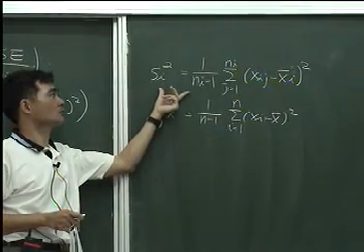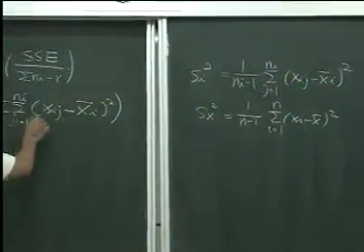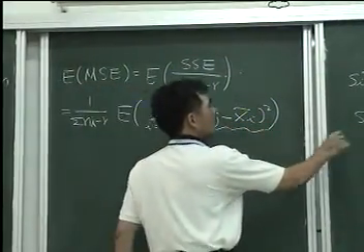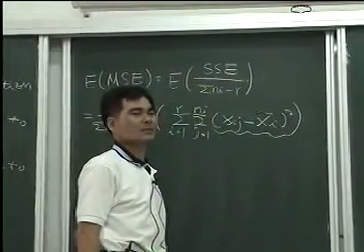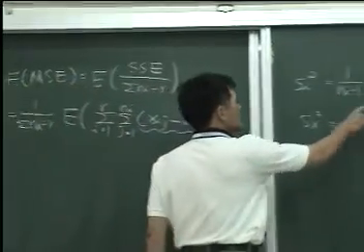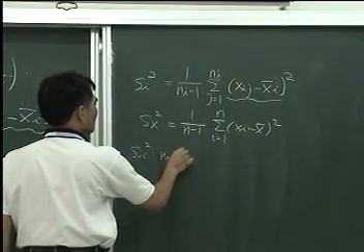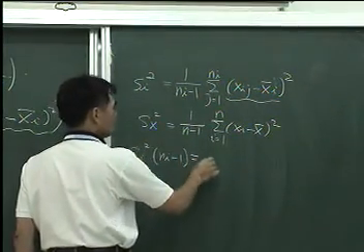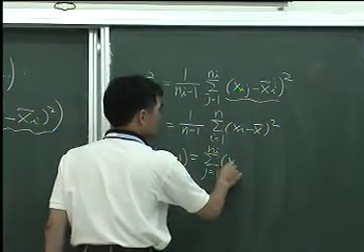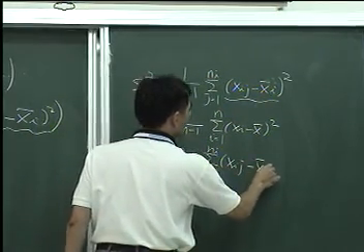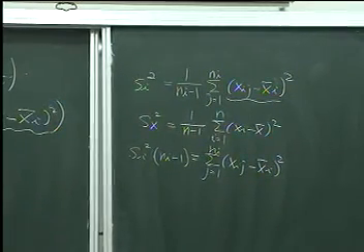So if you look at this part and this part, there is something familiar, right? So actually Si squared times Ni minus 1 is equal to summation J from 1 to Ni of Xij minus X bar I squared. Okay? Any questions so far?